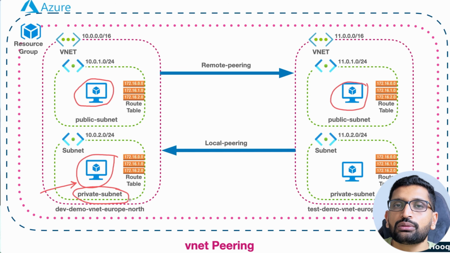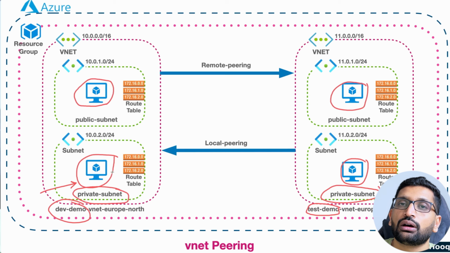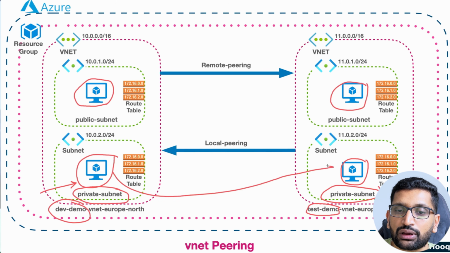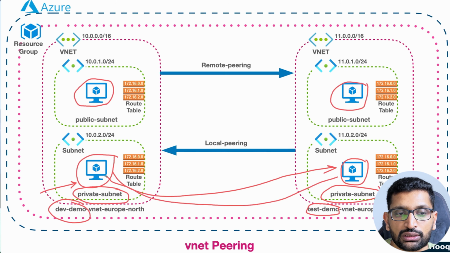So I'm going to use the private subnet of the dev demo VNet as well as the private subnet of our test demo VNet to create these virtual machines. Once we create both, we are going to use the ping command to verify the connectivity towards the other virtual machine, and the same in the other direction, so that we can verify that both the VNets are connected, and our virtual machines are connected with each other in the same network and able to communicate with each other.